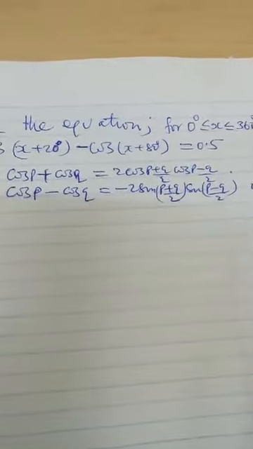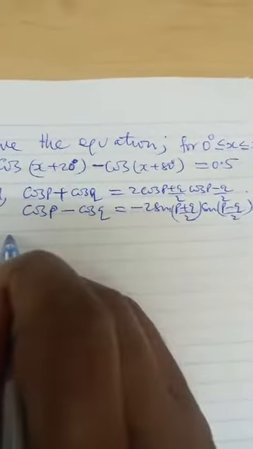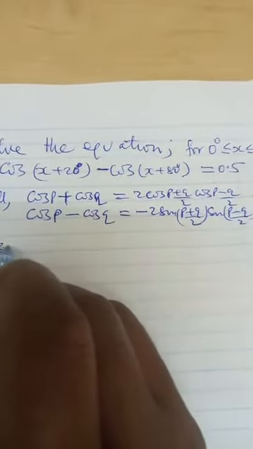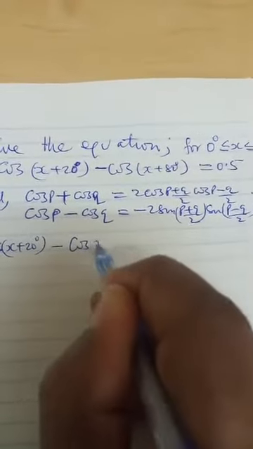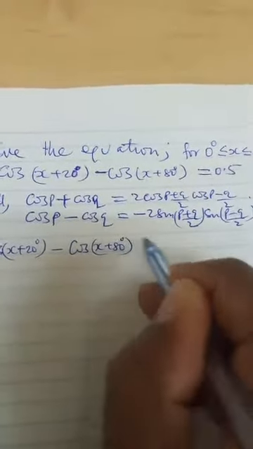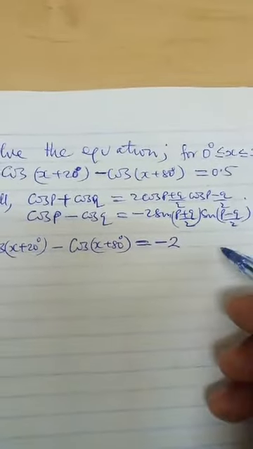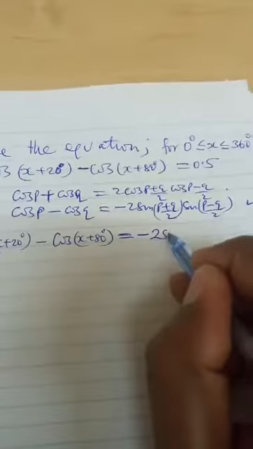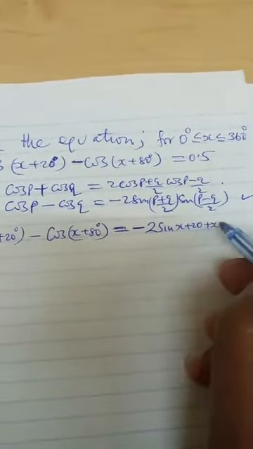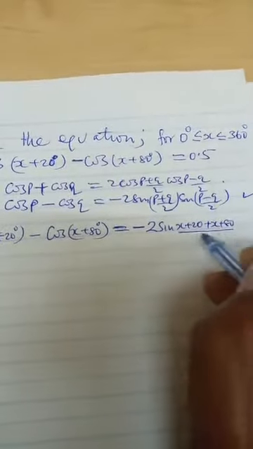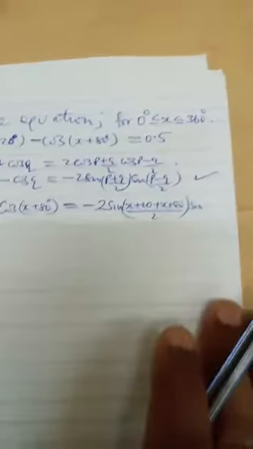So we are going to use that reasoning and say that the equation at hand gives us that cos of x plus 20 degrees minus cos of x plus 80 degrees is equal to minus 2 the sine of (x plus 20 plus x plus 80) all over 2, and the sine of the same.